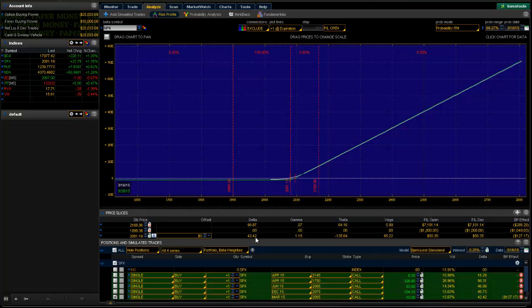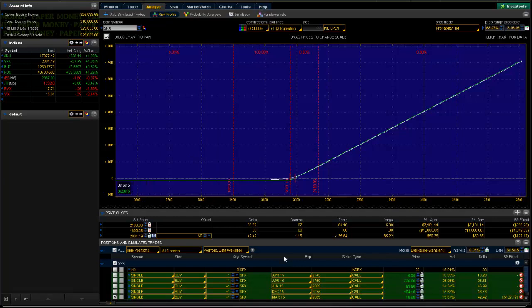And the absolute reason for that is because when these options expire, the delta is going to end up being 0 or 100. It can't be anywhere in between. So that knowledge will tell you that the farther out of the money you go, the higher likelihood it will be coming in at 100. The farther in the money you go, the higher likelihood it will be coming in at 0.